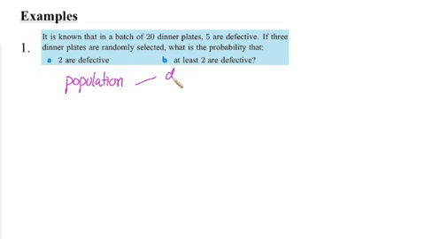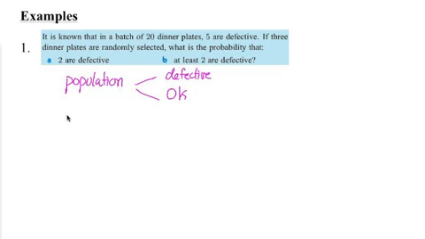We'll have defective and okay components to the population. Think of this as male and female in the original example that we did at the start of the video.